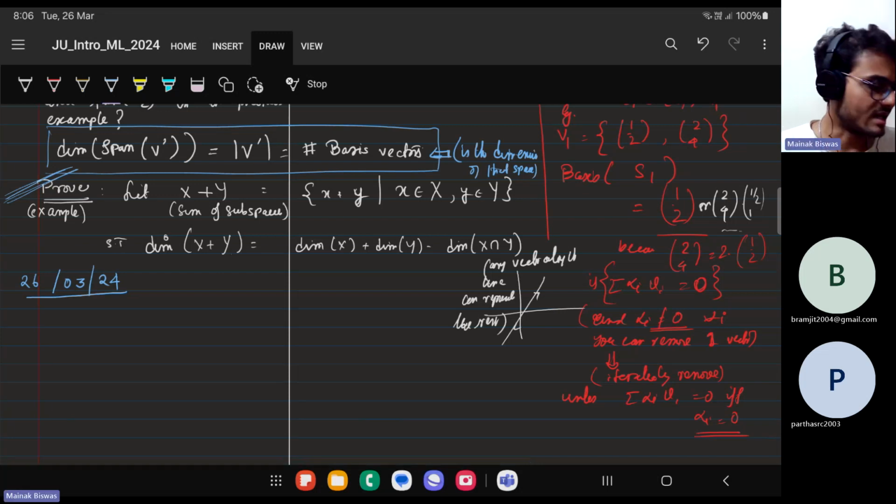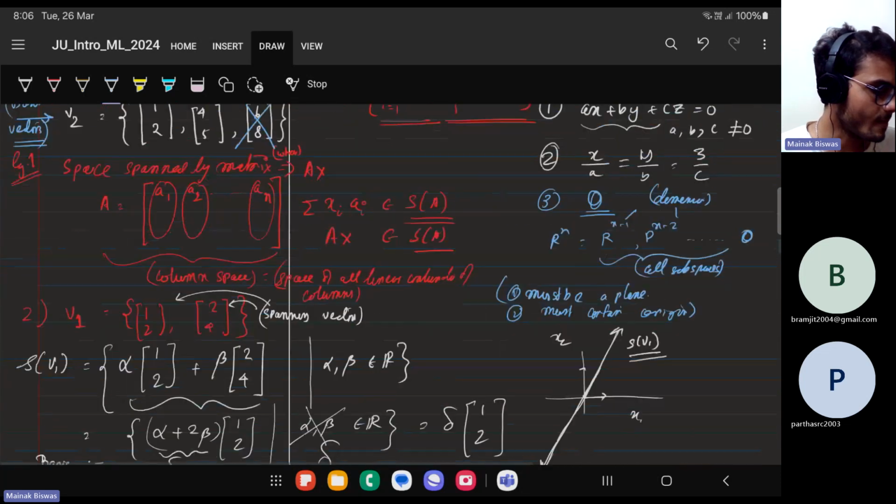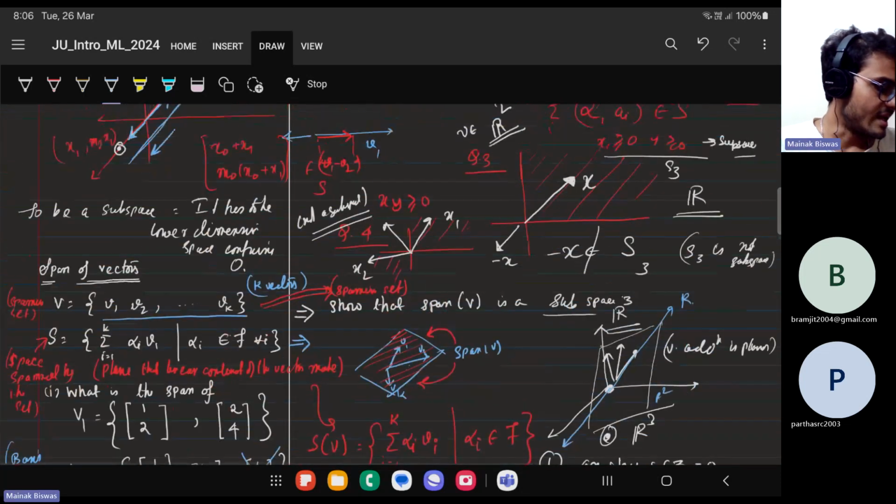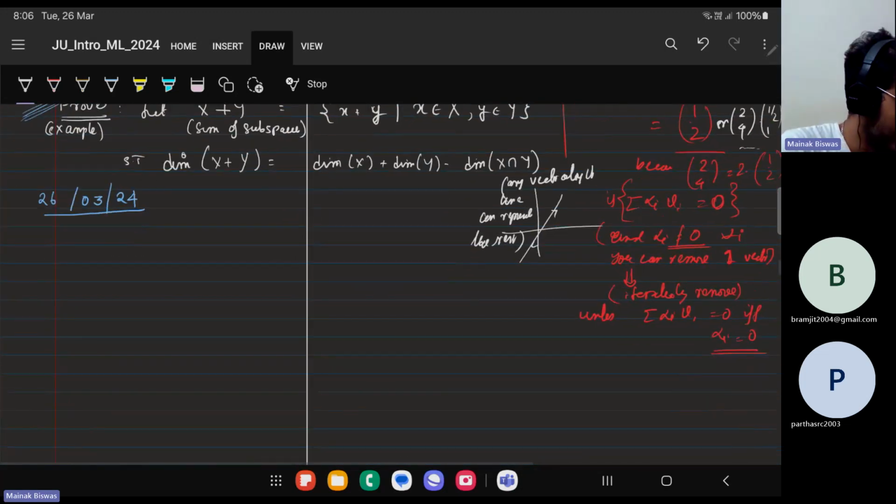So recall last time we had been doing things like the span of a vector and a set of vectors, and we showed what a basis vector is.